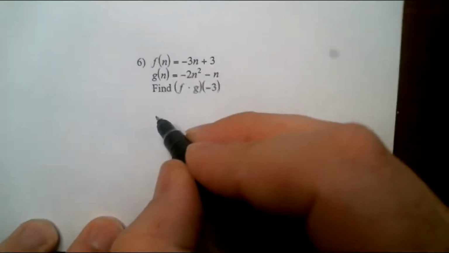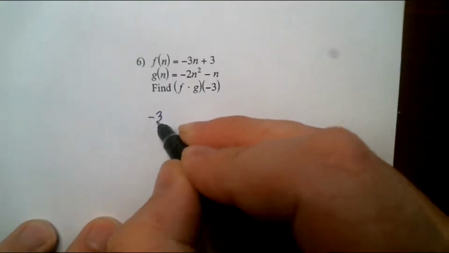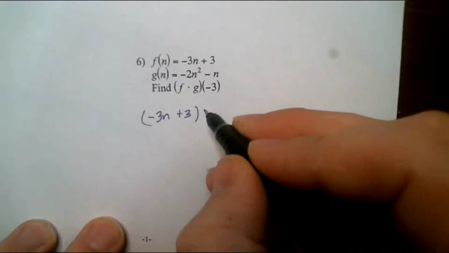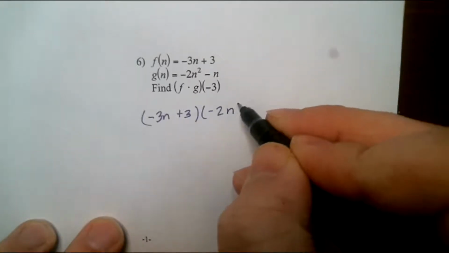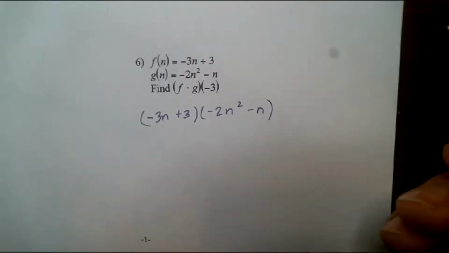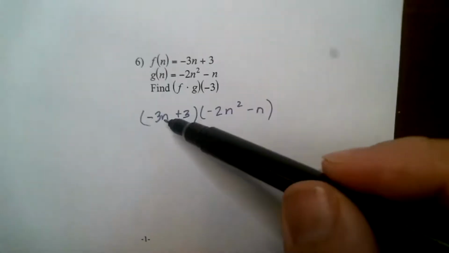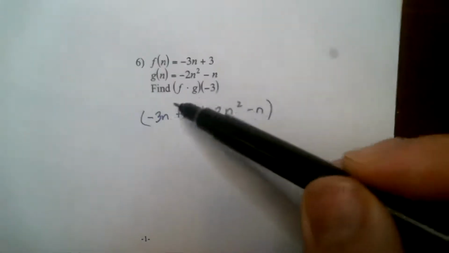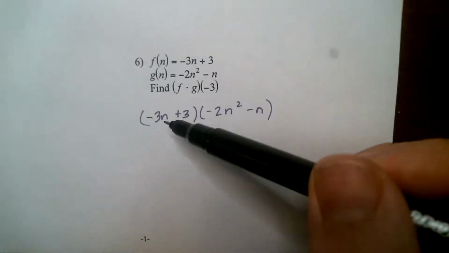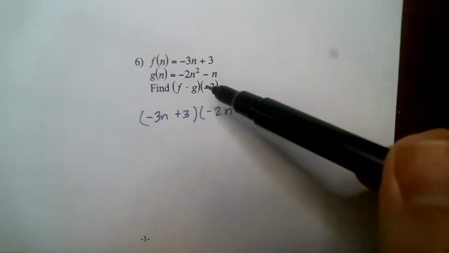So here's what we have: f is -3n plus 3 times -2n squared minus n. Now, a couple of options. We can factor this, or excuse me, not factor, we can FOIL this, but we're looking for -3, so we could just plug it in. What do y'all want to do? FOIL or plug in?